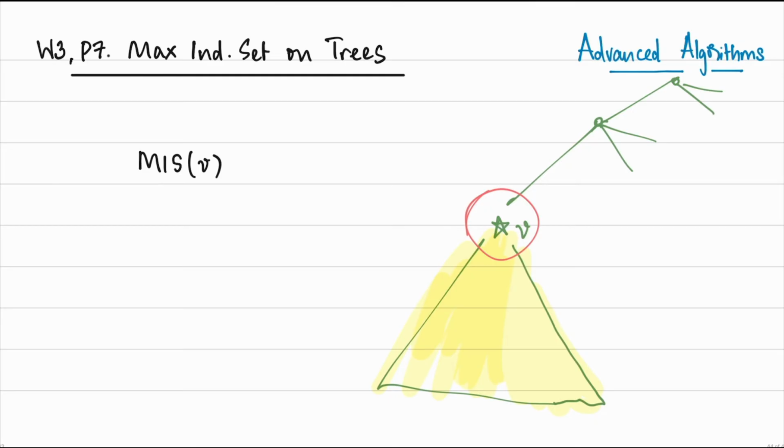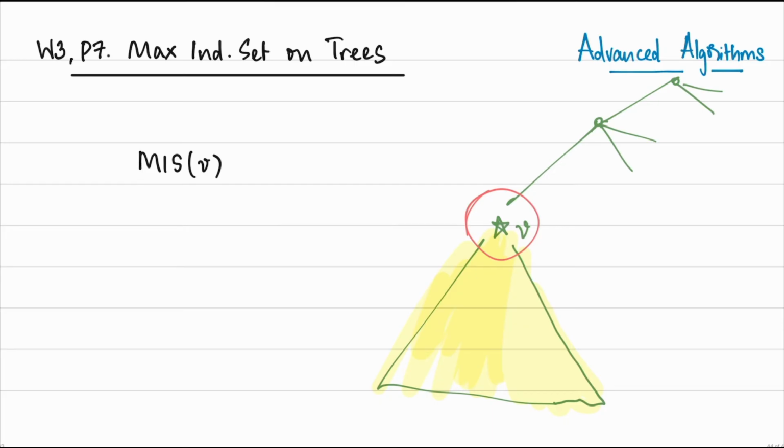So for the optimal solution in this subtree, what we don't know is it going to pick the vertex V or not, right? So is there an optimal solution that contains the vertex V, or does every optimal solution choose to ignore the vertex V? We don't know the answer to this question, but we can find out once again by trying all possibilities.